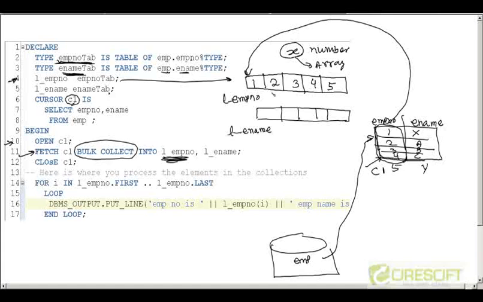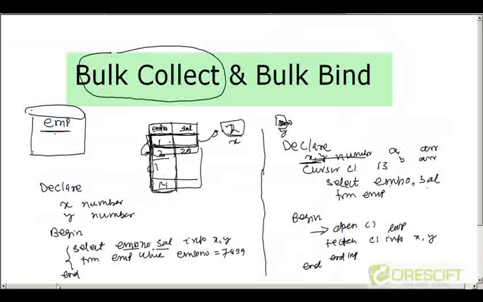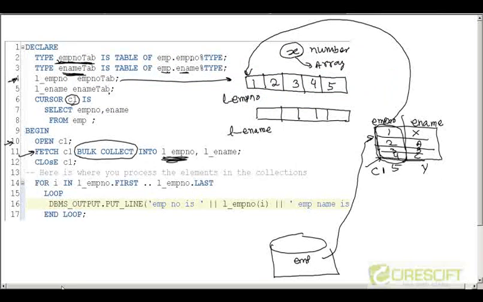That is important. Look at the previous example. In that case, we have only one variable called X, which can contain one thing at a time. Therefore, we are fetching inside the loop. But here we do not have any loop.